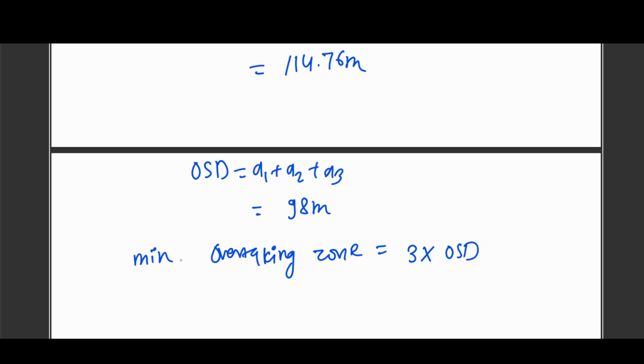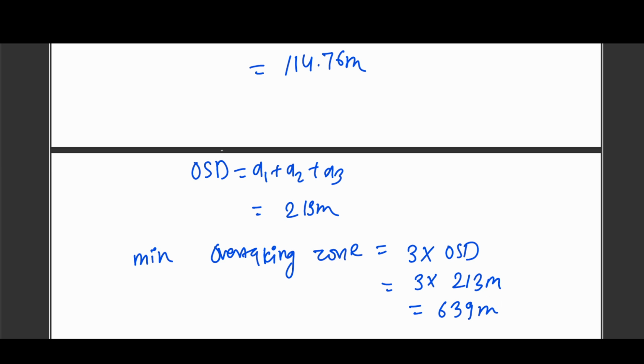Okay, minimum length will be 3 times the OSD. So 3 times what is OSD? It won't come 98, I think it will be 213 meter. So 3 into 213 meter equals 639 meter will be the distance of the overtaking zone.